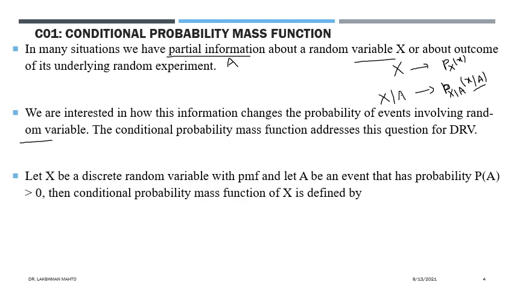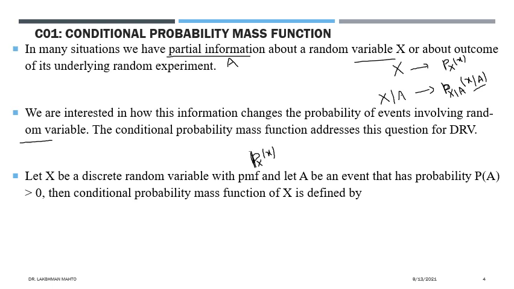Consider X to be a discrete random variable with probability mass function p of x. In the conditional probability approach, this probability mass function is your prior probability mass function.